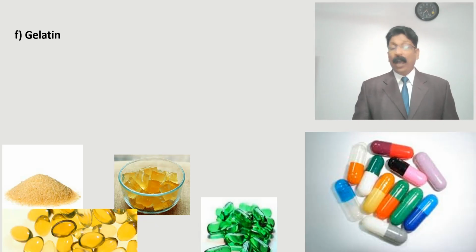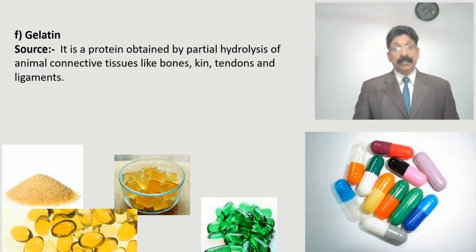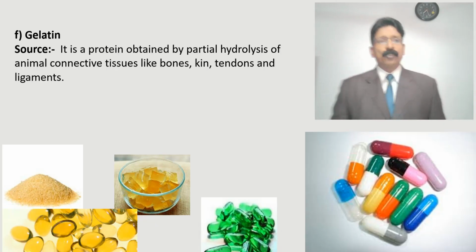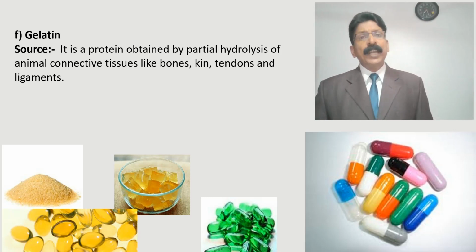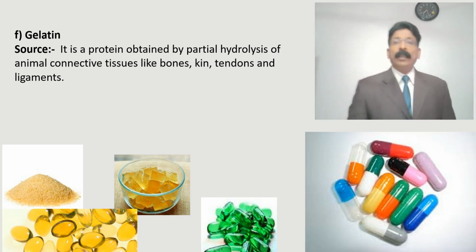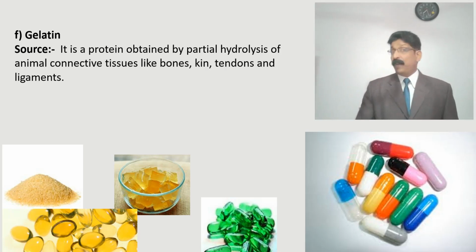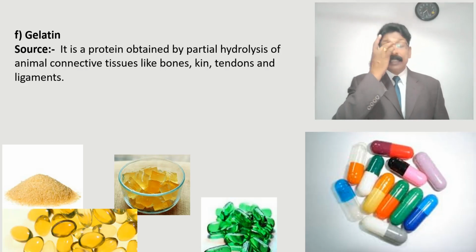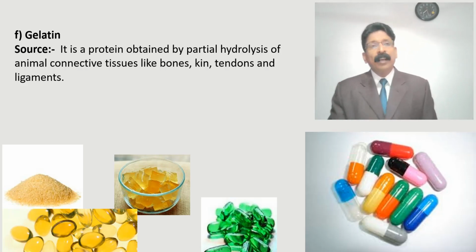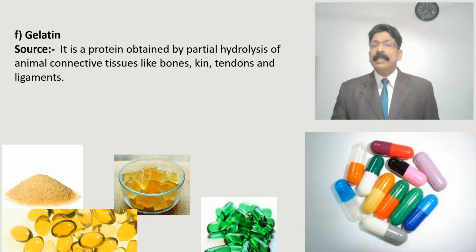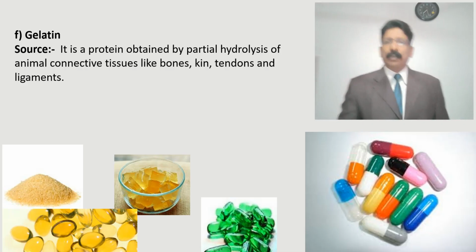We have different colors and appearance of soft gelatin capsules and hard gelatin capsules. The source usually it's a protein obtained by partial hydrolysis of animal connective tissues like bones, skin, tendons and ligaments obtained from animals.